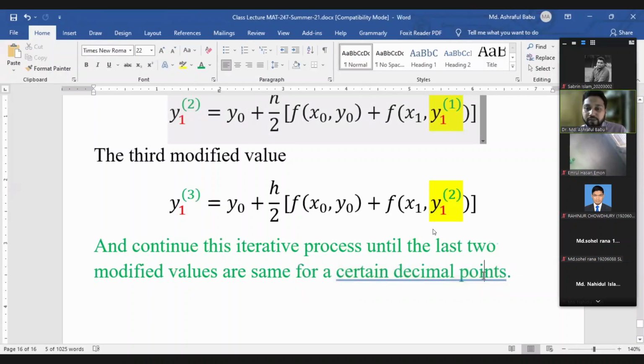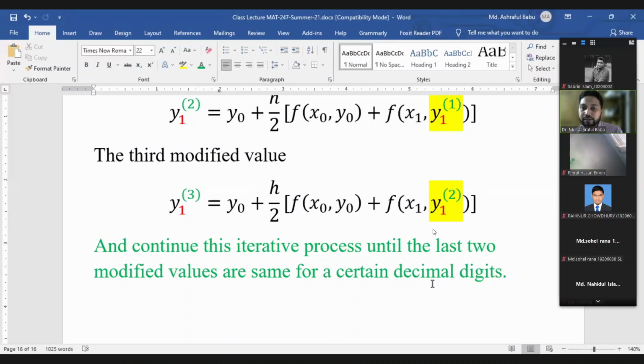After the decimal point, for some digits we have to compare. That will be mentioned in your question. Then you have to correct the result up to 4 decimal digits.